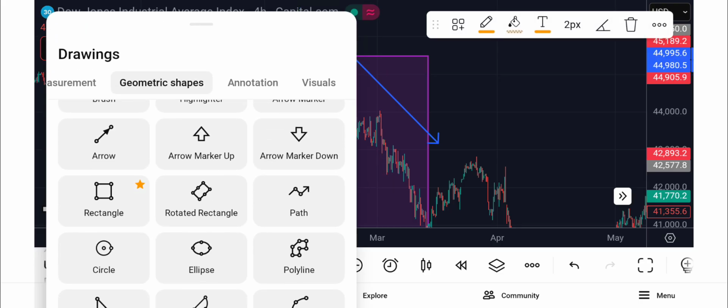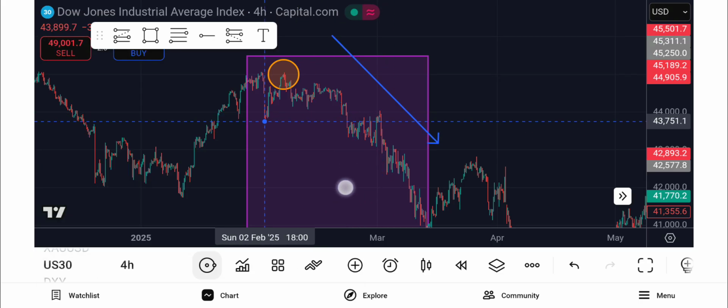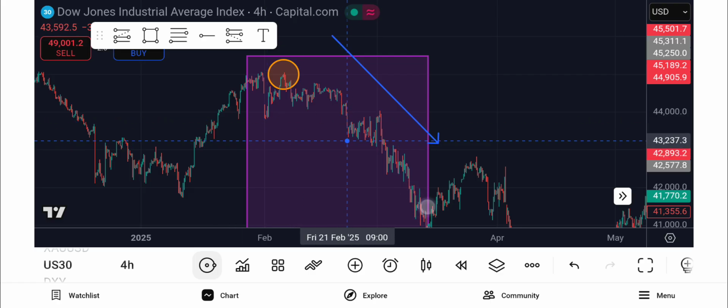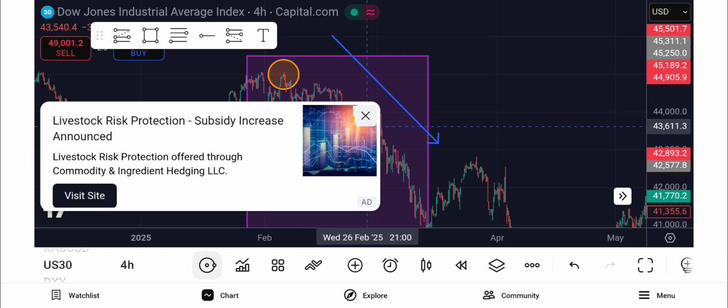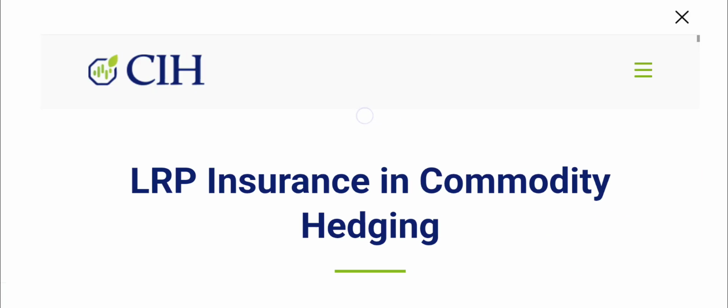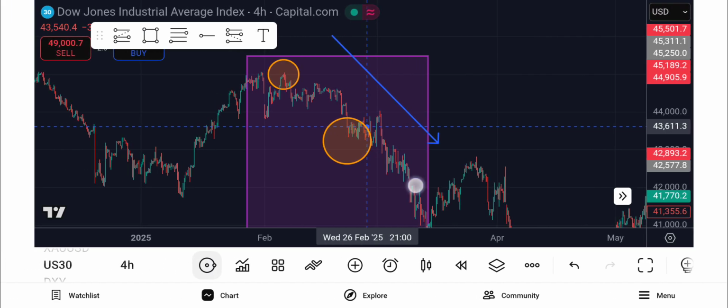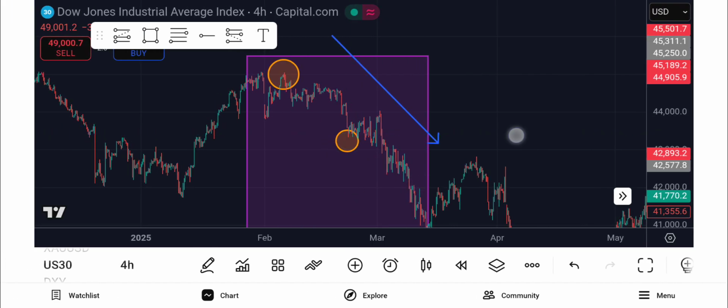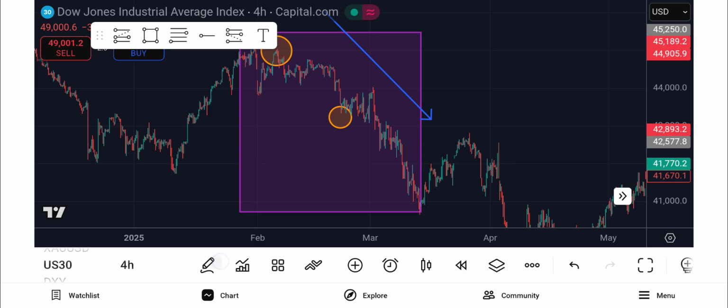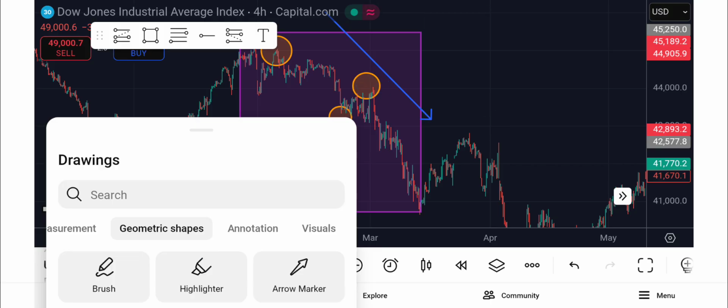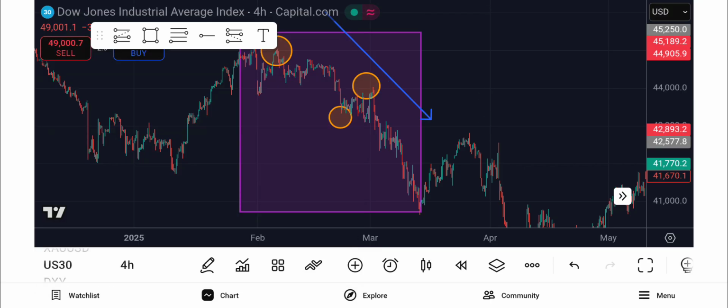Lower high took out this lower low, formed this lower low. Then formed another lower high. Now, it just kept going downhill.